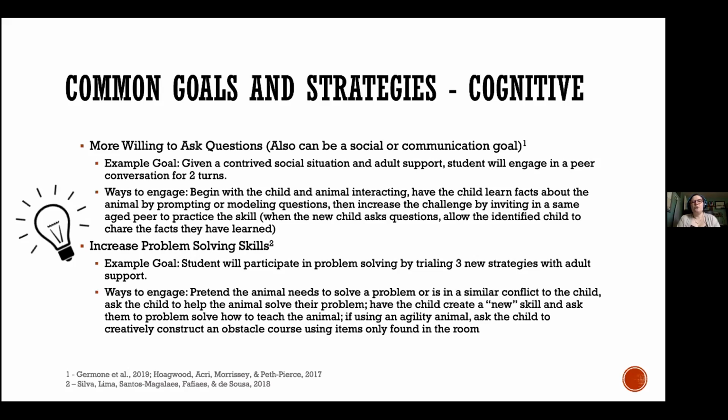You could also expand that and have them learn facts about the animal, modeling what that could look like, and potentially even allowing them to introduce the animal to their classmates or one peer, depending on their comfort level and what they're working on.